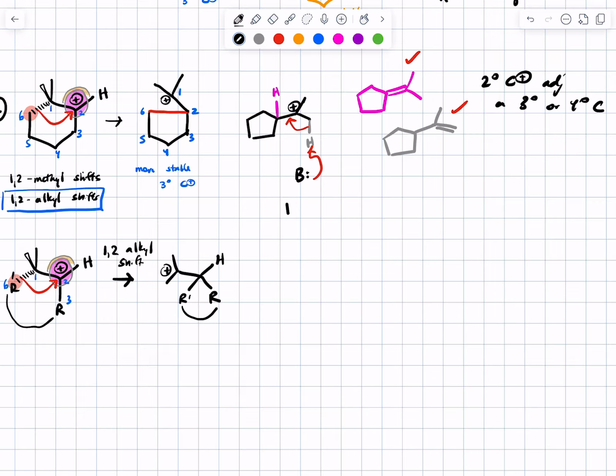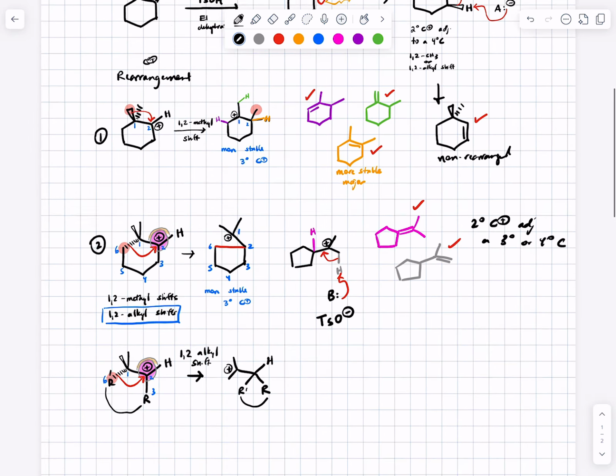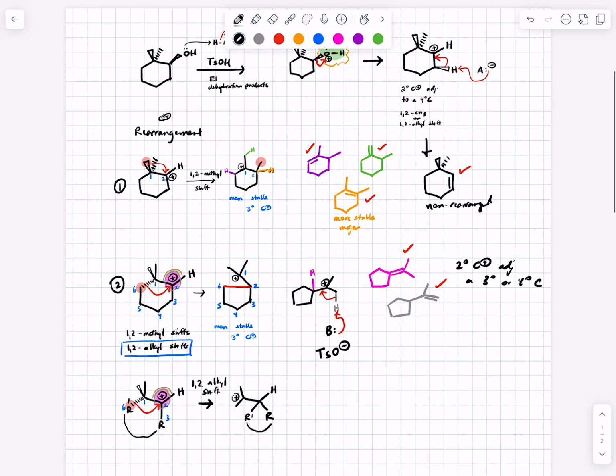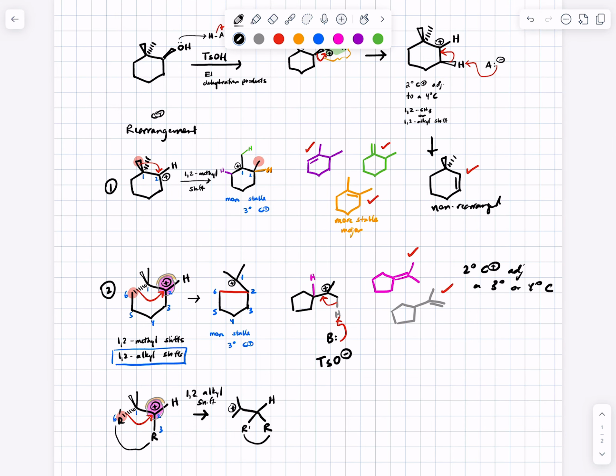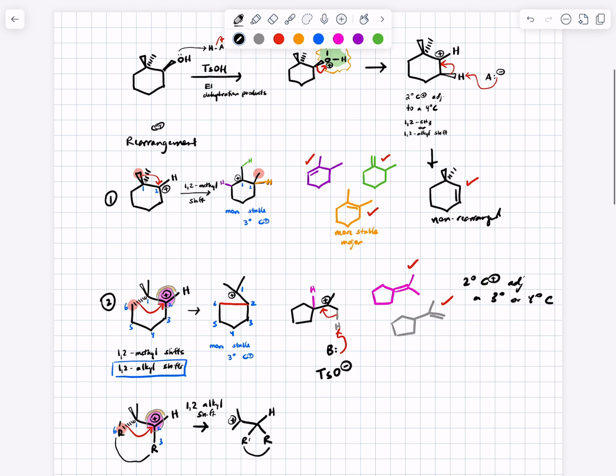So yeah, the base in this case is likely the conjugate base of TsOH. Yes? Does this reaction proceed E1? Yes, and because it involves a carbocationic intermediate, we would call it E1.